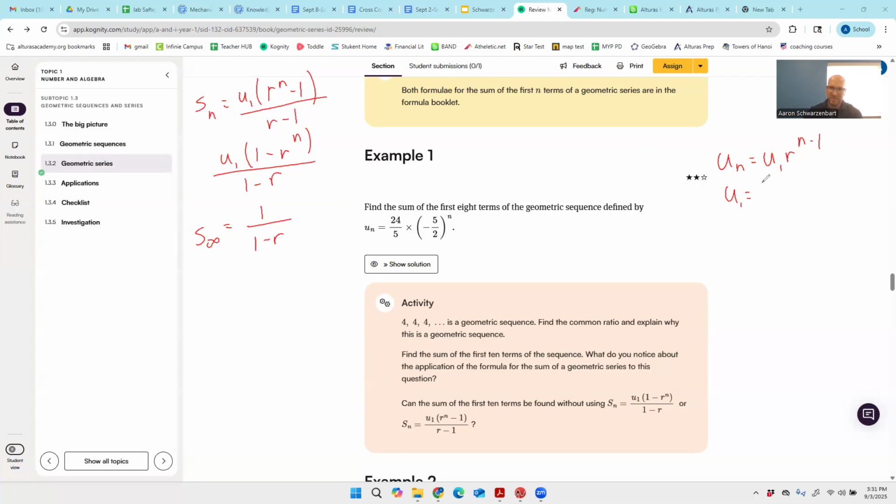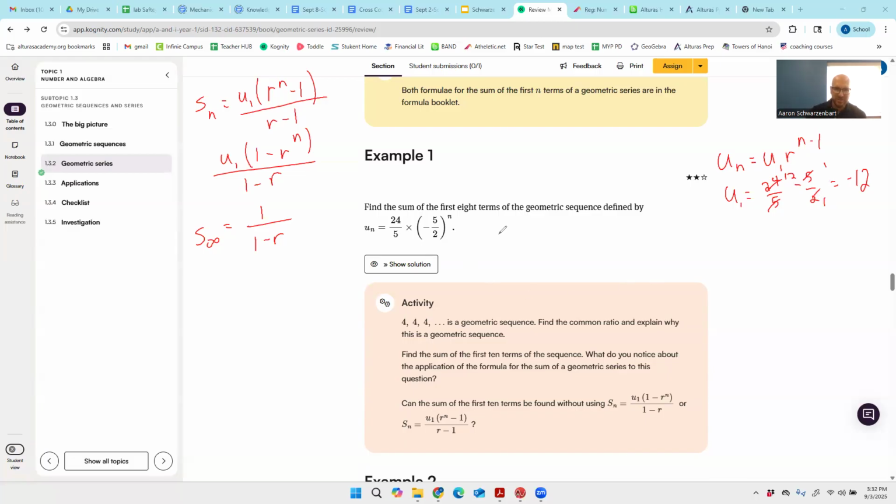It's not quite in that form, so I don't have u sub 1, but I can plug in 1 for n to the first power. That doesn't really do anything. So my 5's cancel. That reduces to 12 over 1 equals negative 12.